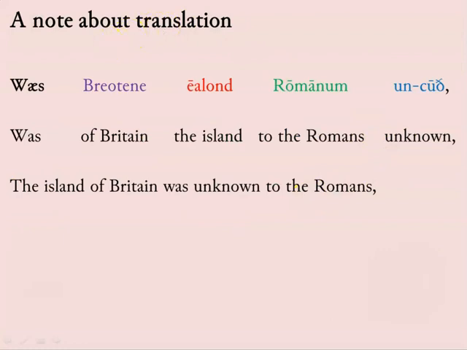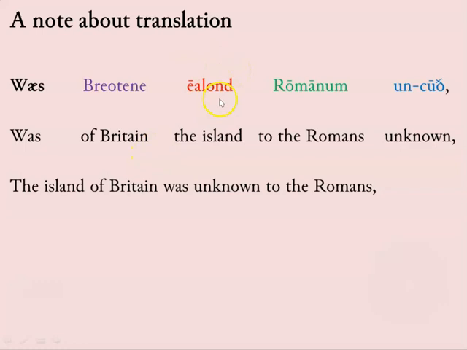Now, I want to come back to a little note about translation. "Was beretena, now, eoland Romanum uncut." So was. Beretena is the genitive, and with the genitive, you apply the genitive rule in translation, which means you insert the word "of." So, of Britain. Bereten, Britain, beretena, of Britain.